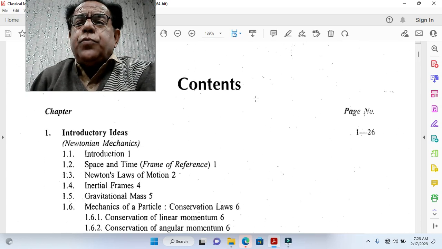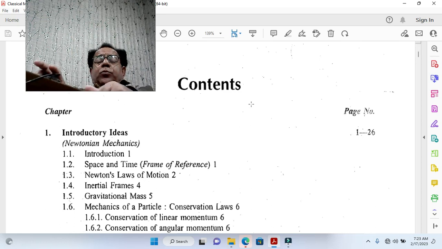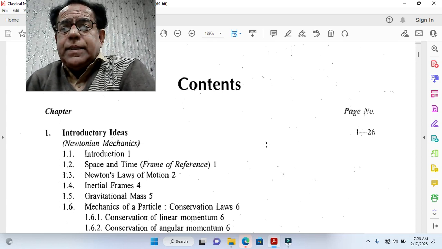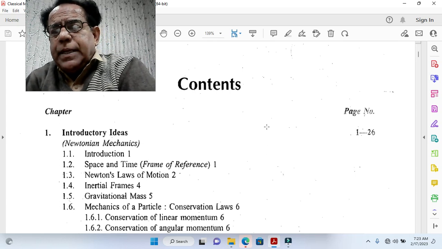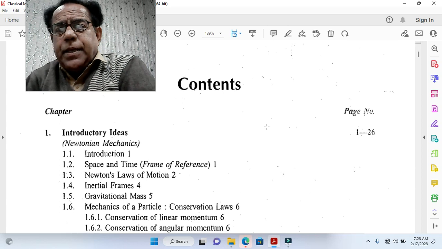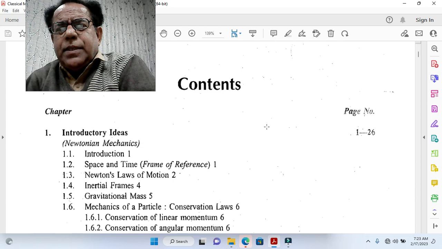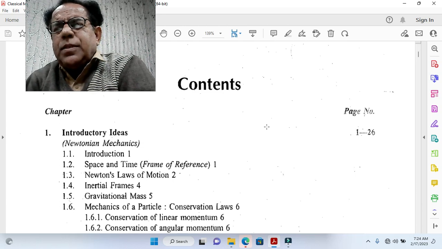Now we move towards its contents. As I emphasize, contents are our main concern. Authors' names, publishers, etc., are subsequent things.